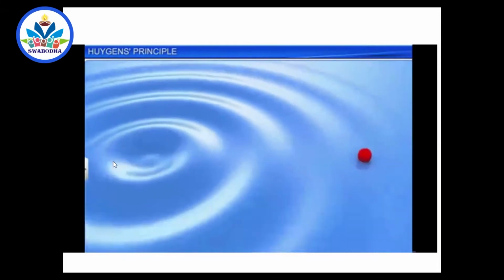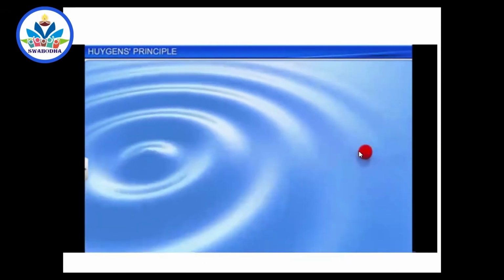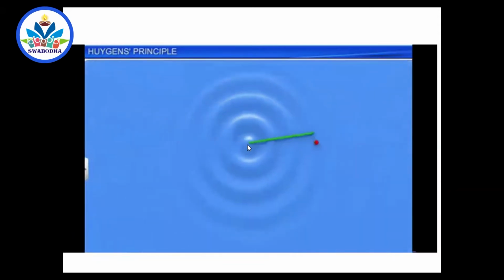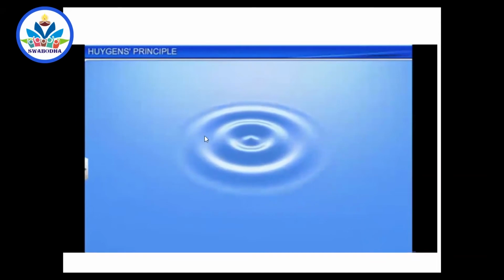All the particles at this particular distance will be vibrating identically. So that's why you get a ring shape. So from the source of disturbance, at this particular distance, all the particles will be vibrating in phase. You can understand it, right? So in this ripple, all the particles will be vibrating in phase.